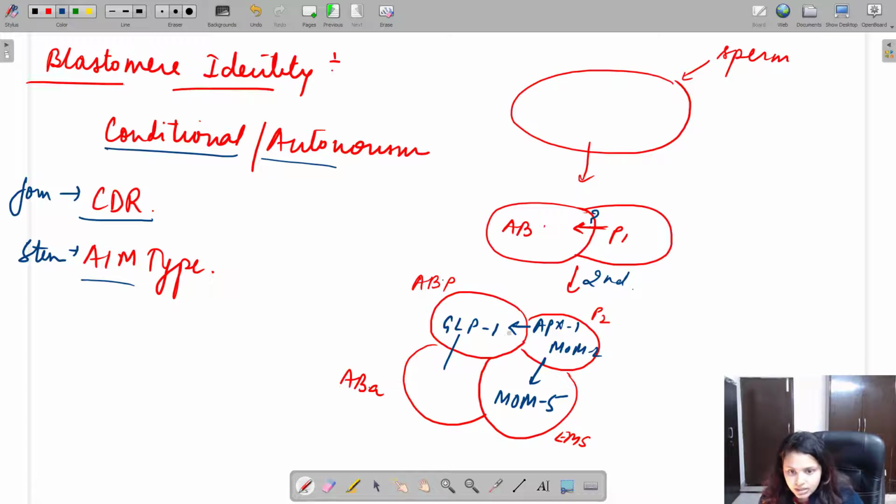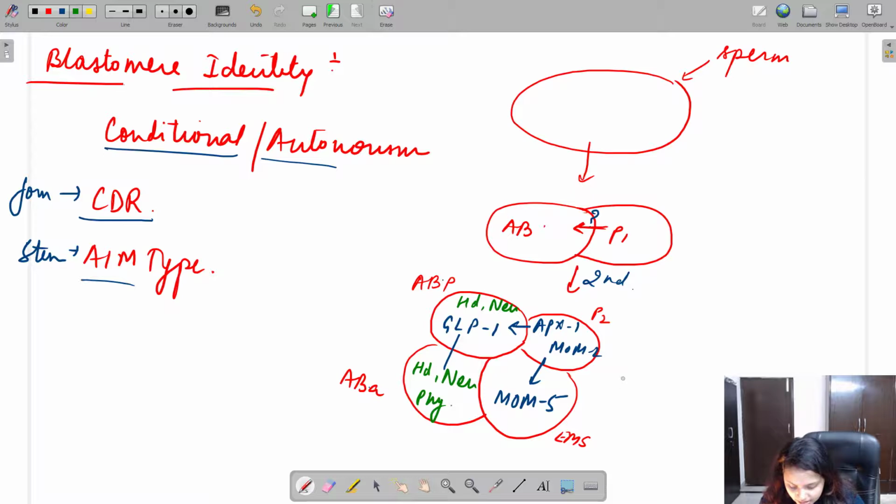So GLP-1 protein is expressed in the ABP cell. This cell further develops into head and neuron structure. This AB is converted into head, neuron, and pharynx. This P2 and EMS form another lineage, and these cells are further converted into endodermal structure and internal body organs.